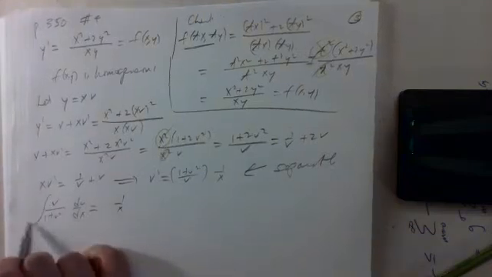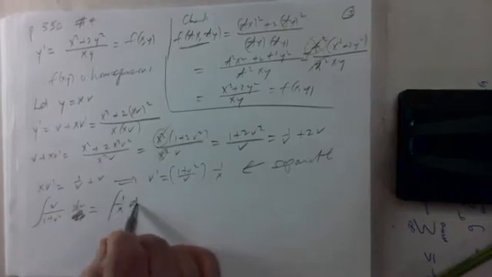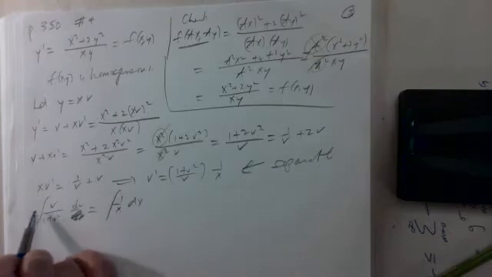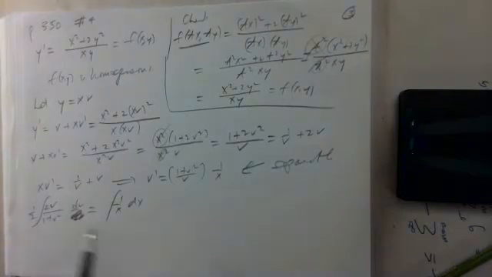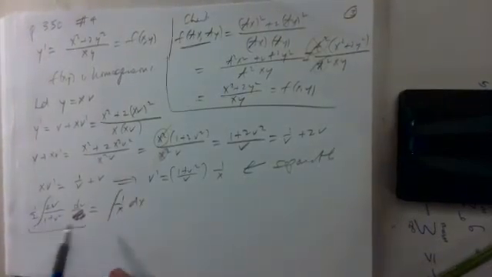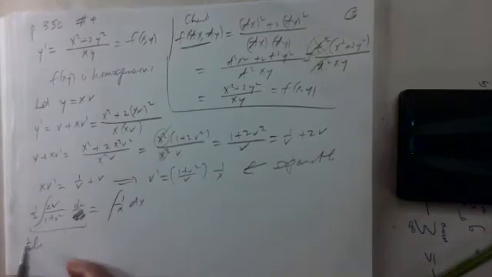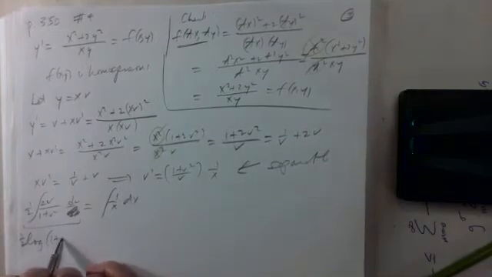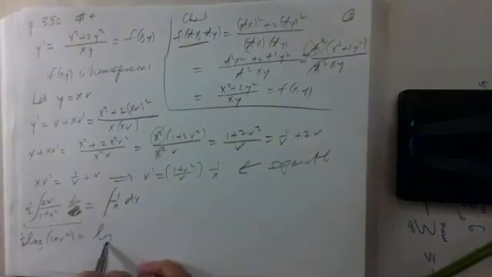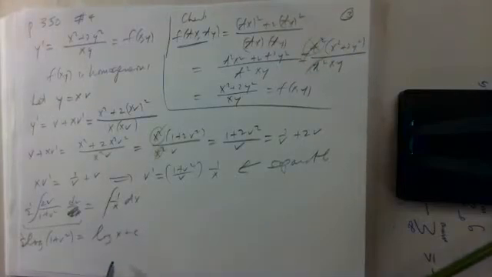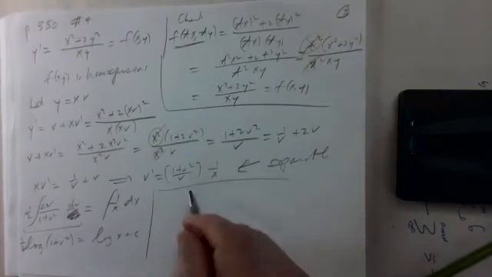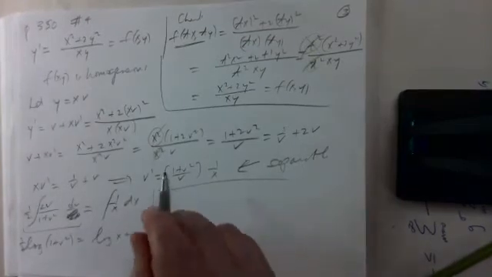So I can integrate with respect to x, I get this. And I know how to integrate this. I need to multiply and divide by 2. And then on this side, I have 1/2 the log of 1 plus v squared equals log x plus c. So let me multiply by 2.